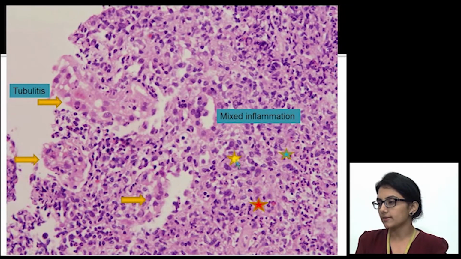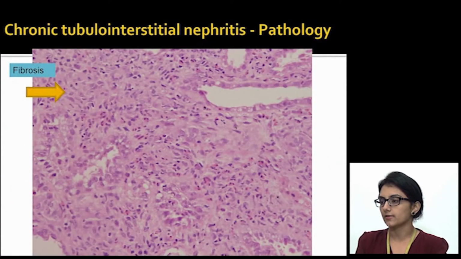Here is a plasma cell. There's your yellow arrow or yellow star for that. We've got a lot of eosinophils there, so we've got a mixed inflammatory infiltrate, and you can see them hitting the tubules. That's tubulitis, along with some interstitial edema and lack of collagenization. So all these factors put together make a diagnosis of acute tubulointerstitial nephritis.